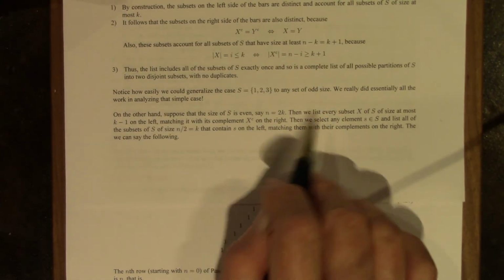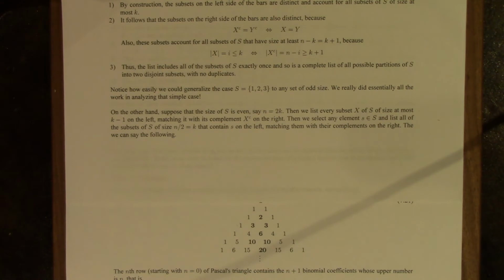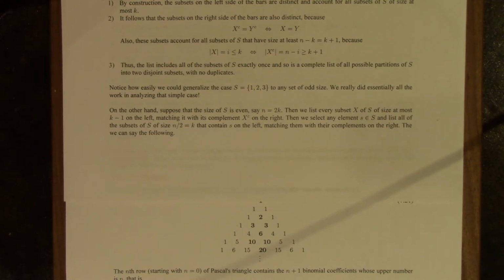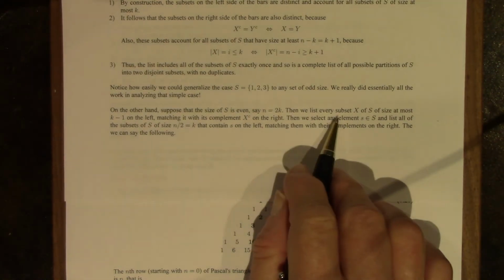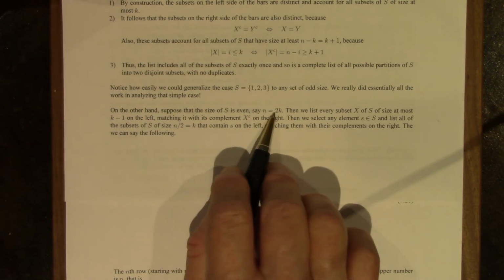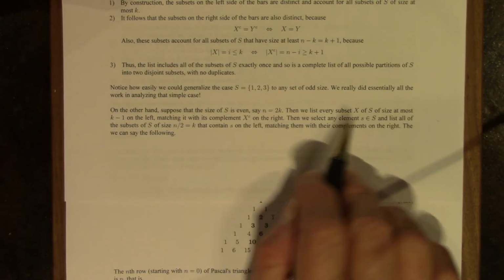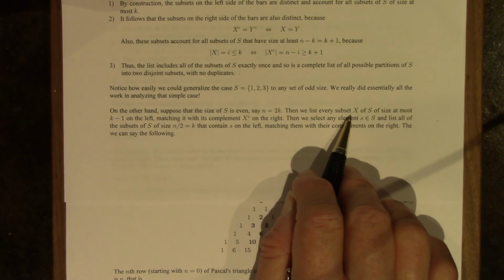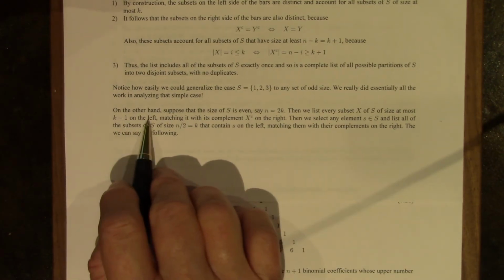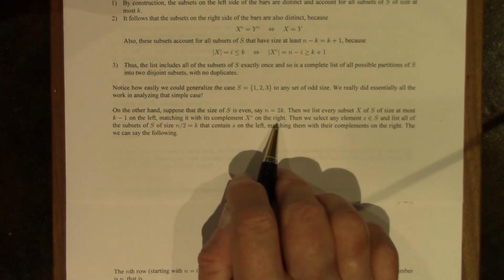Then we're going to follow the same procedure basically, until we get to the halfway point, which is size K. We'll list every subset X of S of size at most K minus 1 on the left, matching it with its complement on the right.